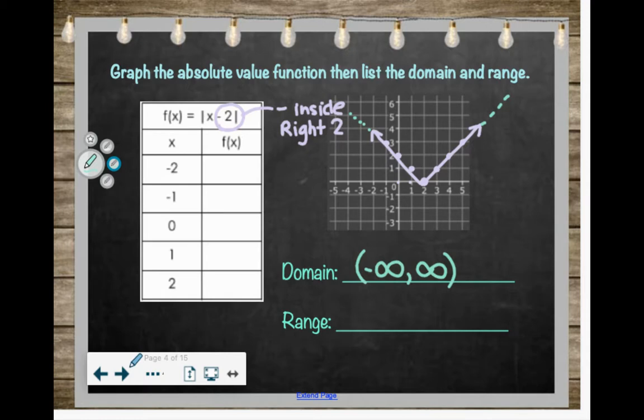For the range, the bottom of this graph is still at y equals 0. That hasn't changed. And the top of the graph is still going up to infinity. That hasn't changed. The only thing we changed is the x values. And they were going from infinity to infinity. So adding or subtracting 2 from that doesn't really change anything.